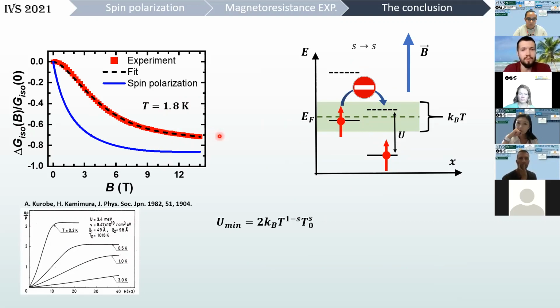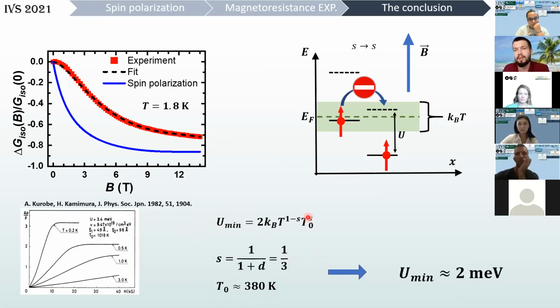Now, if so, then we can estimate the minimal Coulomb correlation energy in PEDOT:PSS nanocrystals. We have measured these values in our experiment, and then we can get this 2 milli-electron-volt for the Coulomb correlation.